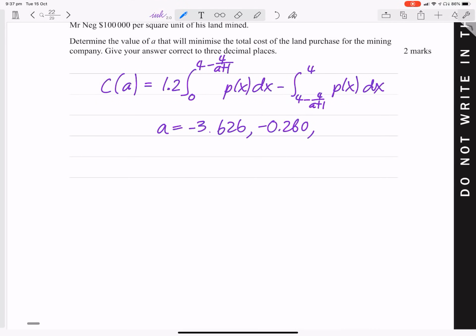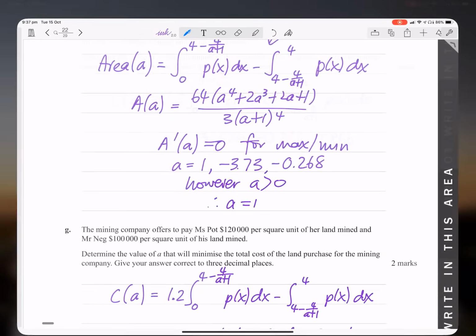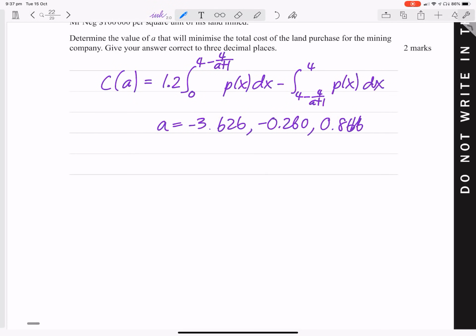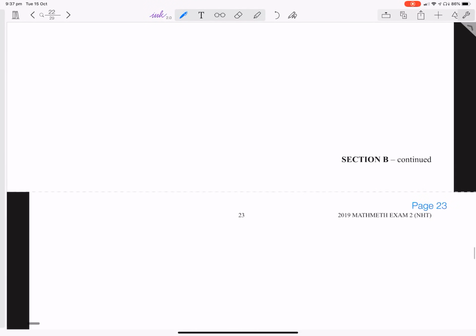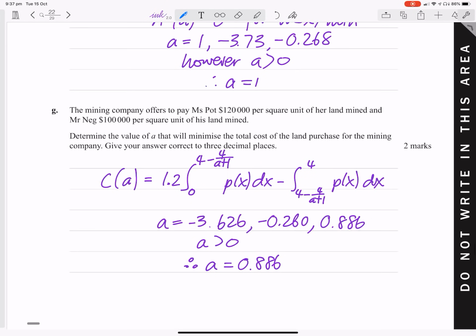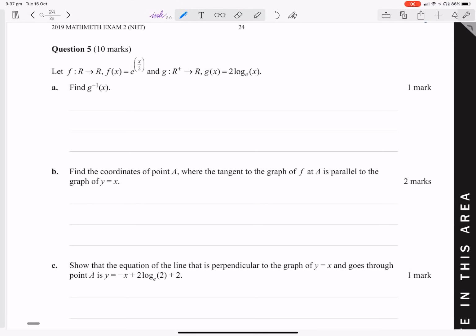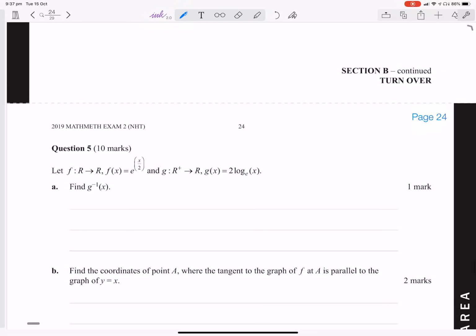And the last one was 0.866, or was it 886? 886, of course, it's the other one. Therefore, A is greater than 0, so A equals 886. Okay, it didn't ask us to find what the actual property was. That was pretty crap.